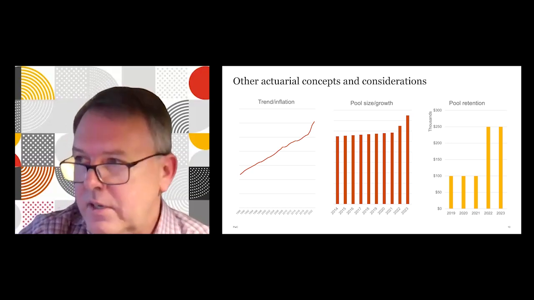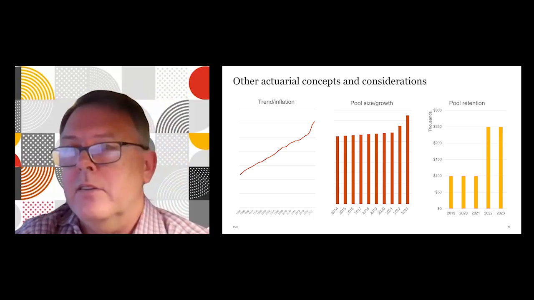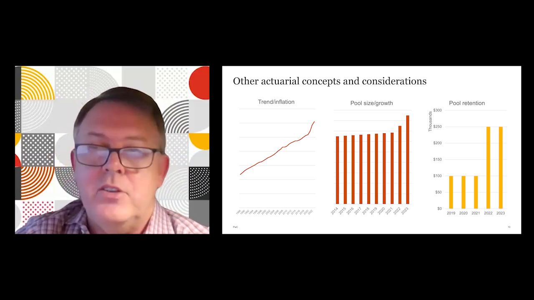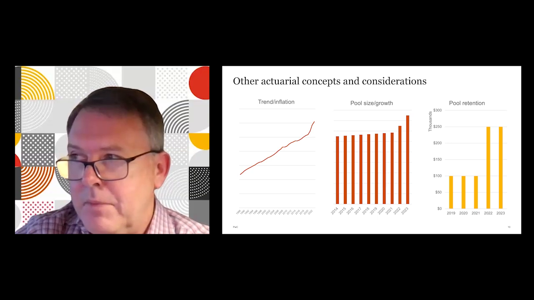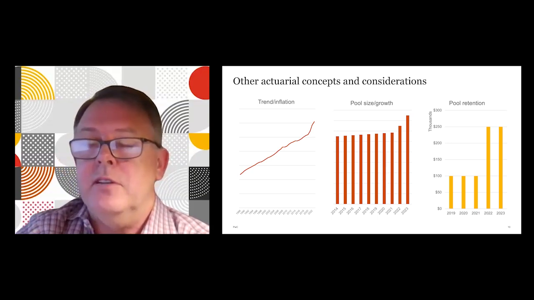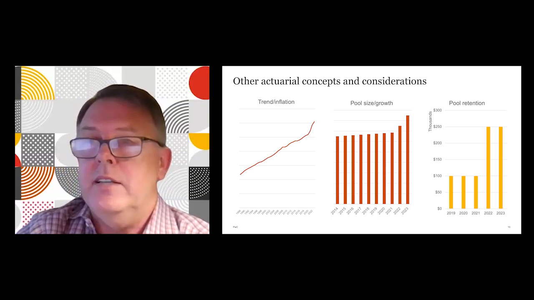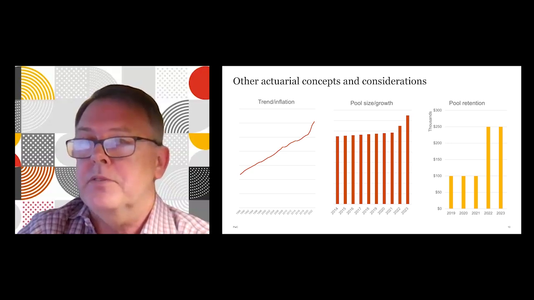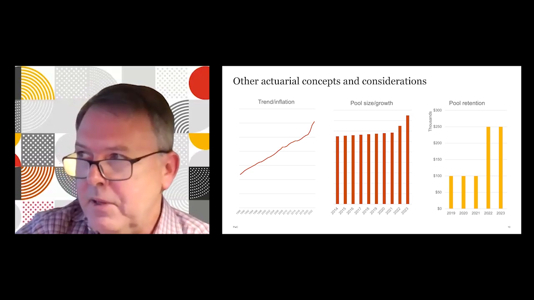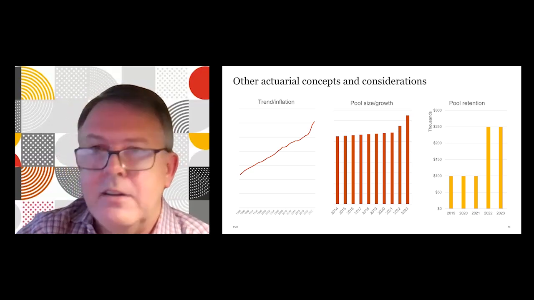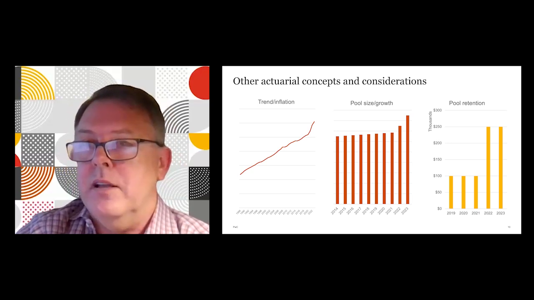Another consideration the actuary makes would be related to the pool size and maybe potential growth of the pool. So we have a measurement of pool size. Let's just say, for example, this is measuring the pool size by the payroll of all the members. And the payroll is kind of a proxy for the size. And in this example, the pool, maybe they've added a few members in the last couple of years, and so their size has increased.